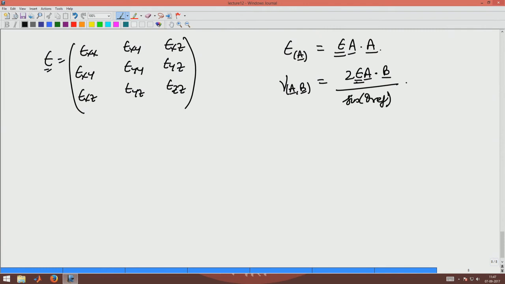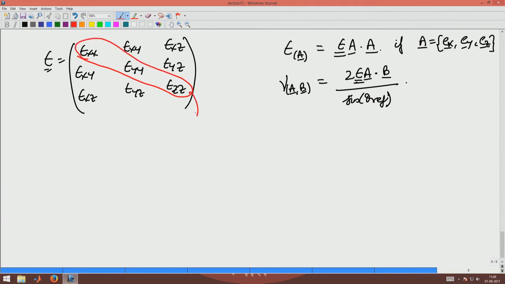Now, if A is Ex or Ey or Ez, what do you get? You get the corresponding diagonal terms of this strain tensor.